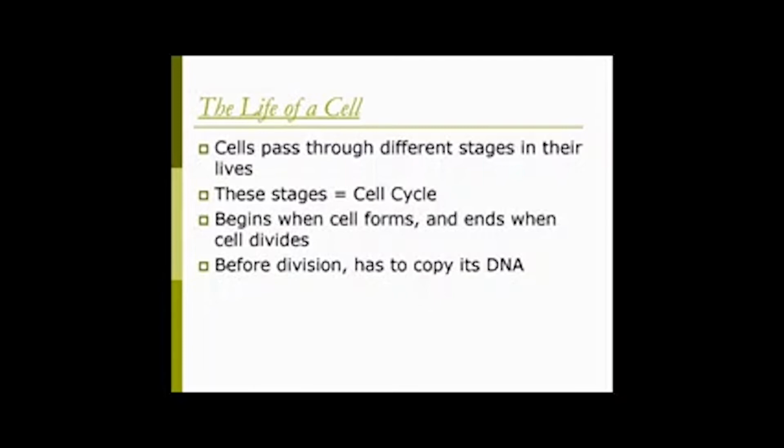And it ends when the cell divides. So unlike our life cycle, the cell's life cycle ends when it reproduces, because it's splitting in half and becoming two cells, each sort of smaller than the original. Before division, though, it has to copy its DNA.